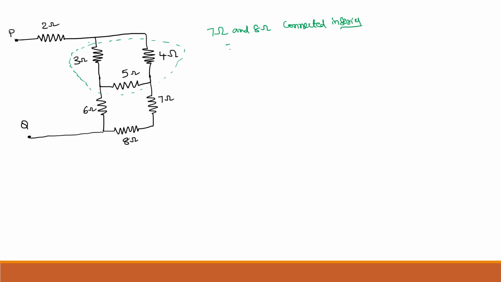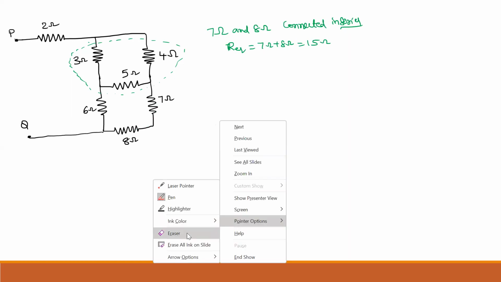Then the equivalent resistance will become 7 ohm plus 8 ohm, and you will get 15 ohm. So in the place of that, you can draw that resistor. First, you complete that.